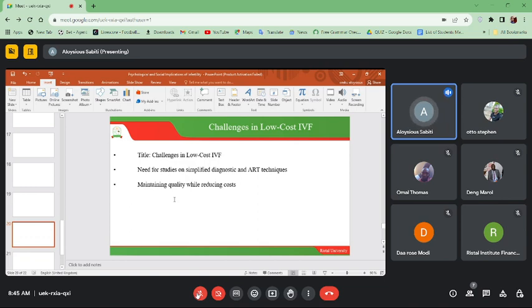So the biggest challenge with the use of these low cost intravaginal fertilization ART techniques is the method through which they perform, which is mostly increasing someone's estrogen levels. Most of the time, the infertility that occurs in many of the African population is because of the body's inability to stimulate the ovaries.